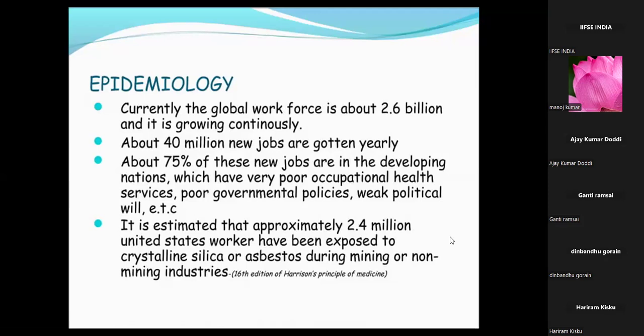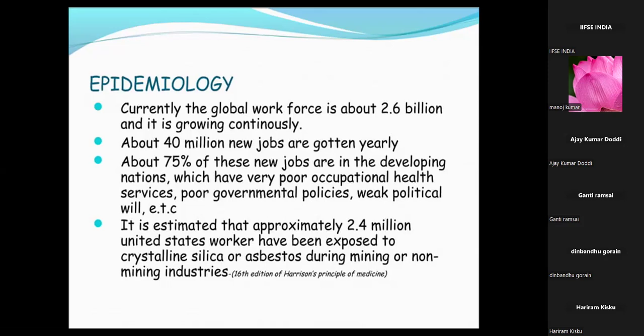Then it is estimated that 2.6 million US workers have been exposed to crystalline silica or asbestosis during mining or non-mining industries. Now this is the data taken from the United States, but if you come to India, it's more, because even in the best organized industries, when it comes to temporary or construction workers, the condition of those people is very poor.